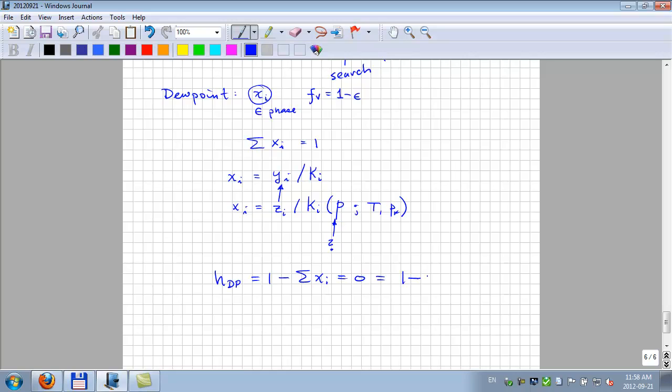And that's equal to 1 minus the sum of zi divided by ki, where ki is the function of pressure, for a fixed temperature and convergence pressure. So that's our equation to solve.